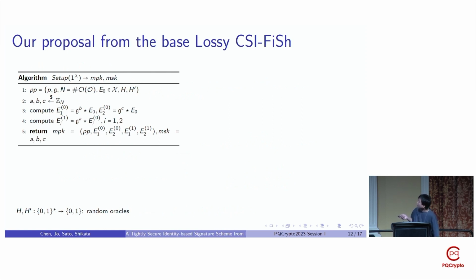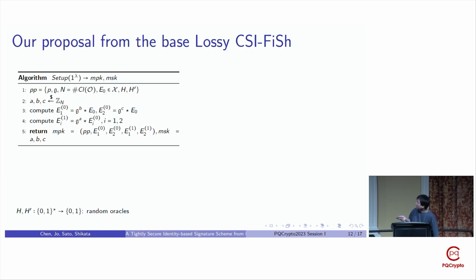Then we present our proposal. We first build a base proposal from the base lossy CSI-FiSh, and then our proposal follows by enlarging the hash space of the base IBS.